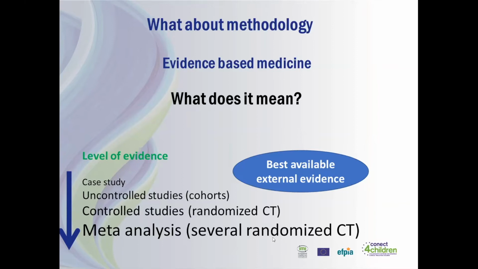In fact, the repetition of clinical trials makes the highest level of evidence because we know that results obtained by chance will not be reproducible by definition. So if we have several randomized clinical trials that say the same, we have good evidence that it's working.